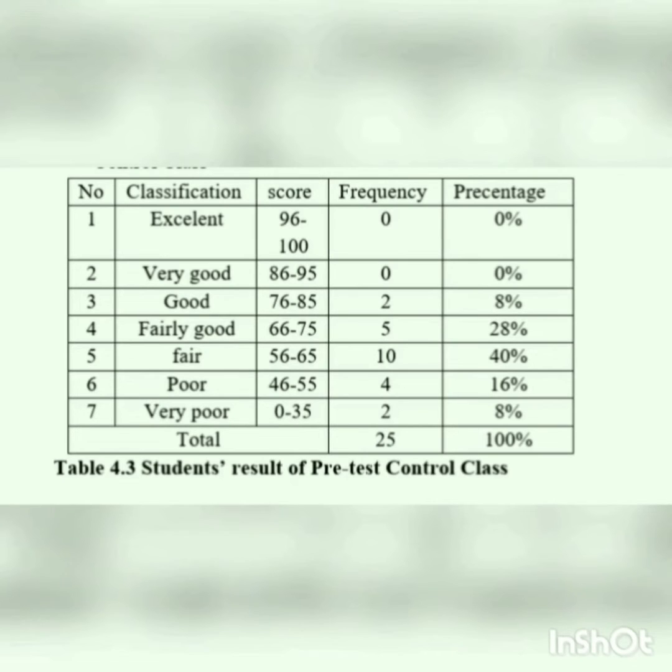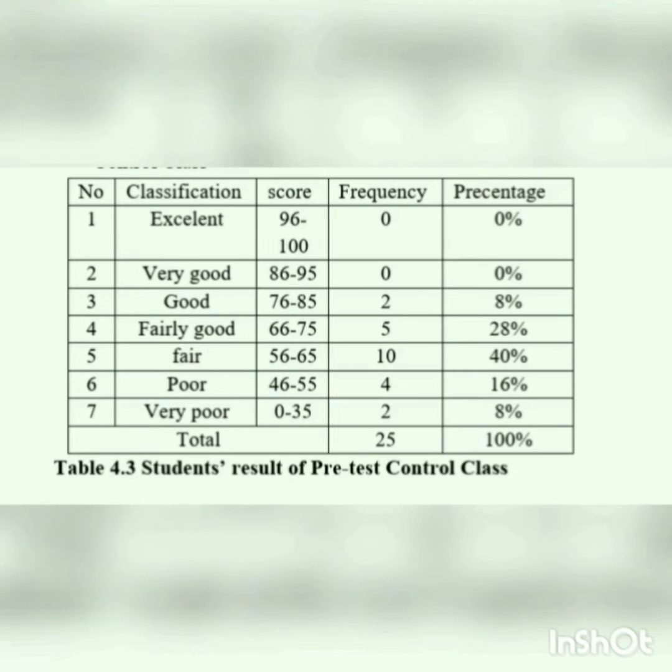Classification, score, frequency, percentage. 1, excellent, score 96 to 100, frequency 0, percentage 0%. 2, very good, score 86 to 95, frequency 0, percentage 0%. 3, good, score 76 to 85, frequency 2, percentage 8%. 4, fairly good, score 66 to 75, frequency 5, percentage 28%.